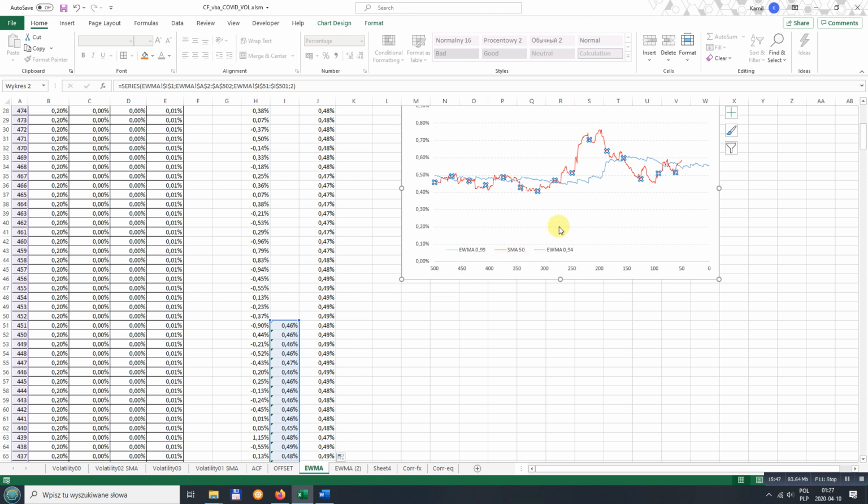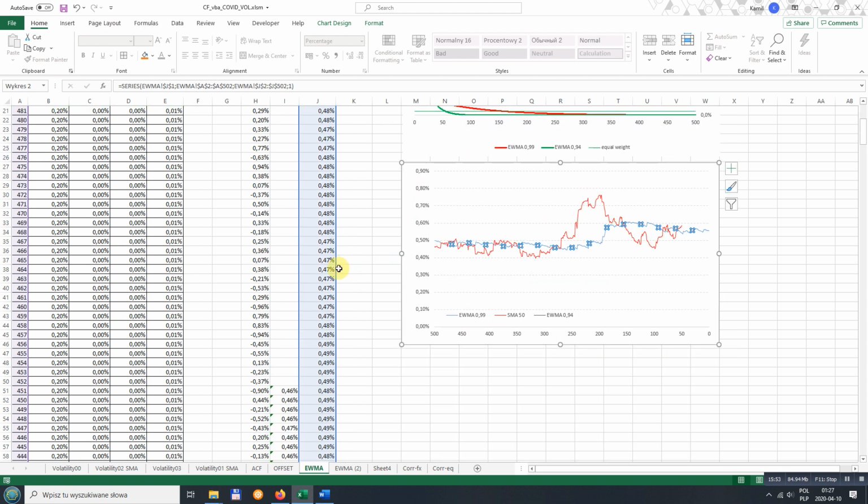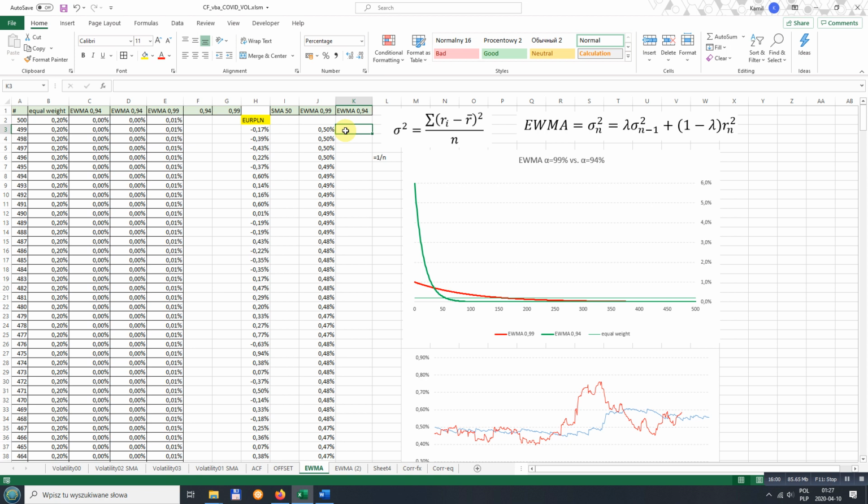It's of course very similar, but now the only thing that changes is 0.94 here. You can copy the formula, paste it here, right? And the only thing that changes is 0.94 here. So you can double click, and this would be 0.94.